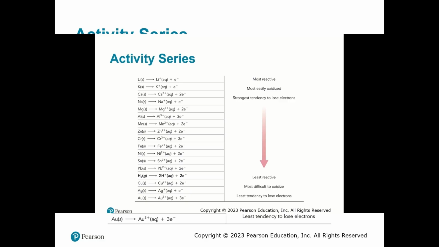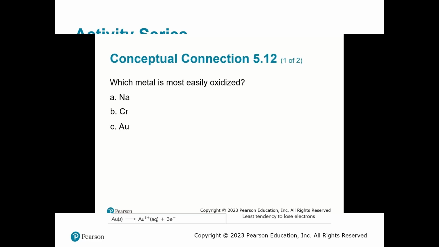Actually, you don't need too much memorization here because we already talked about the periodic table and some groups like group 1 and 2, whose metals are very reactive, so they will oxidize easily. So we can use those tables to predict if a metal will oxidize when they are with other metals like over here. Which metal is most easily oxidized here?